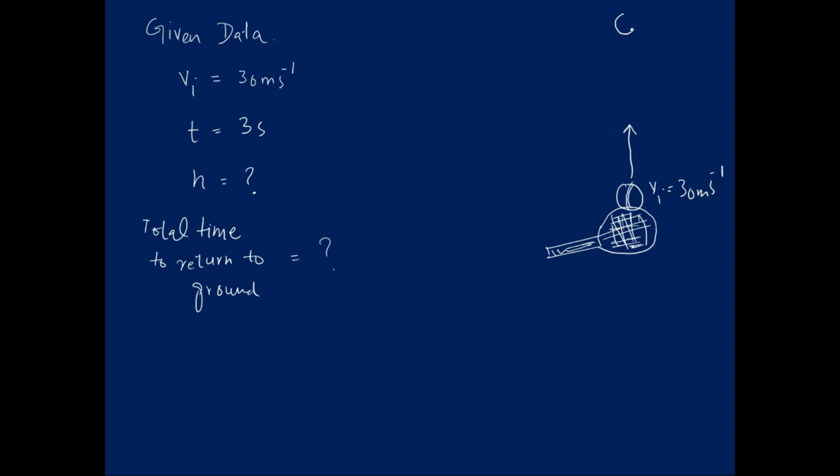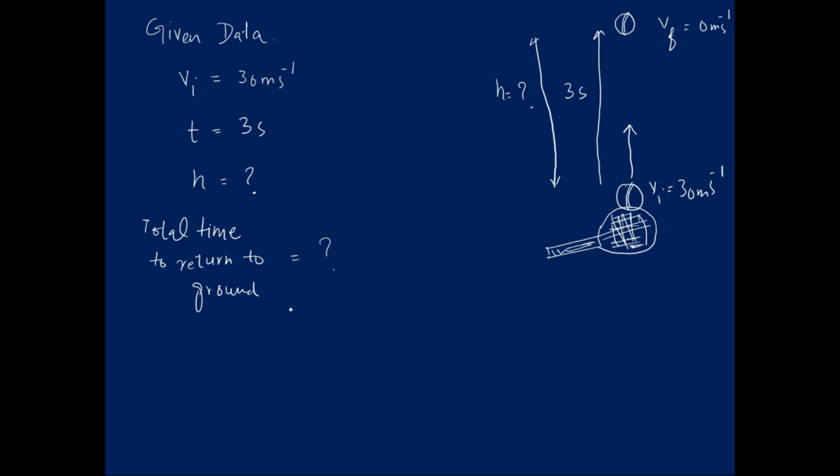The ball reached a maximum height where it rests. When the ball is at rest, its final velocity is 0 meters per second. The ball reaches the maximum point within 3 seconds. We have to find this height that the ball attained in 3 seconds.